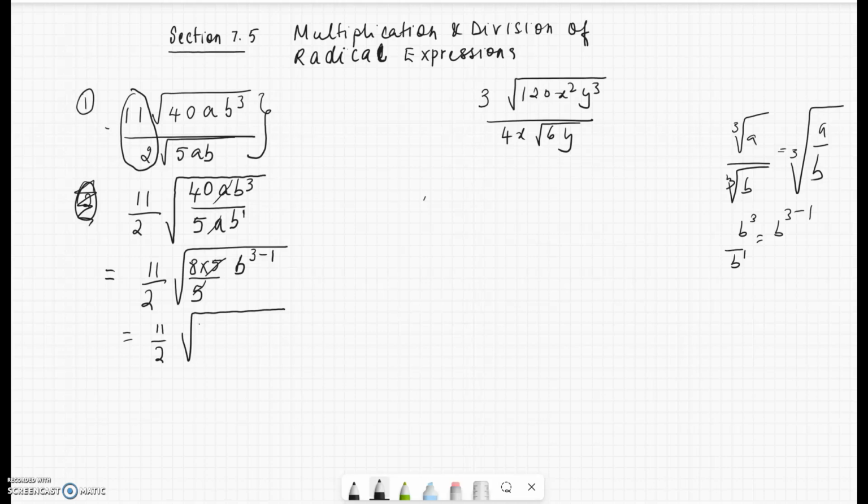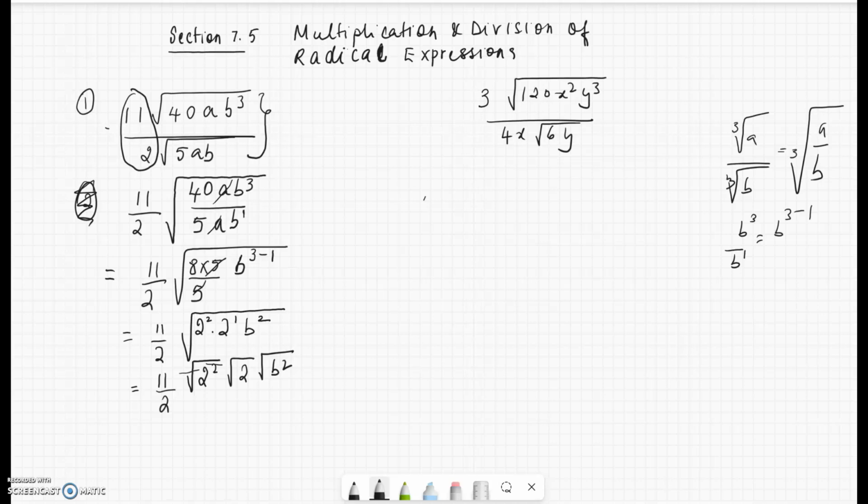8 can be written as 2 squared times 2 to the 1, and this is b squared. And the reason I'm splitting the 2 cubed as 2 squared times 2 to the 1 is because now I'm going to break it down and simplify. Square root of 2 squared, square root of 2, square root of b squared.